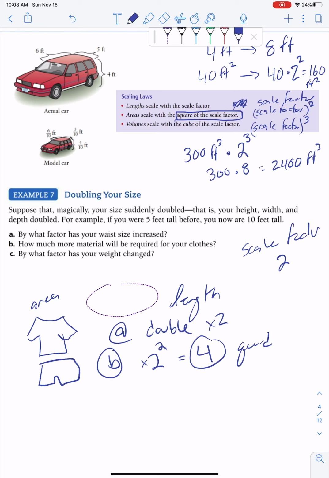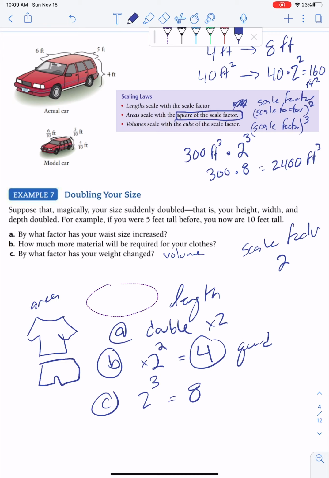By what factor has your weight changed? Well, if we call weight volume, which I have a little bit of an issue with, but that's what the assignment's asking us to do. If my weight is the volume, how much mass do I have? Well, volume, we said we had to raise our scale factor to the third power. So I've got to do 2 to the third power, which is 8.